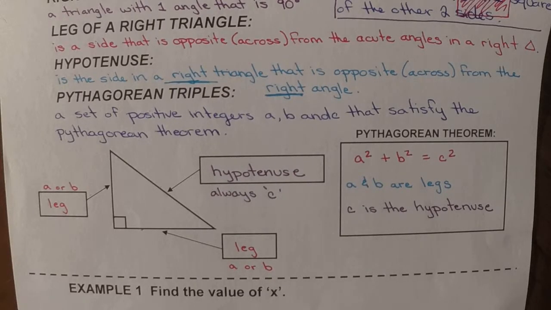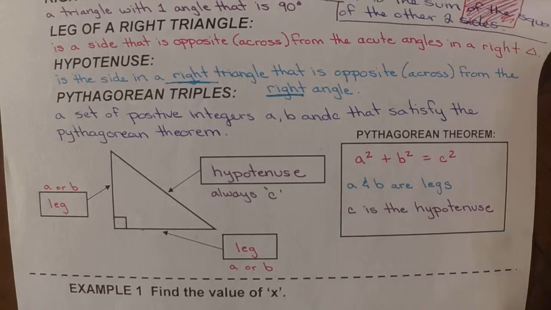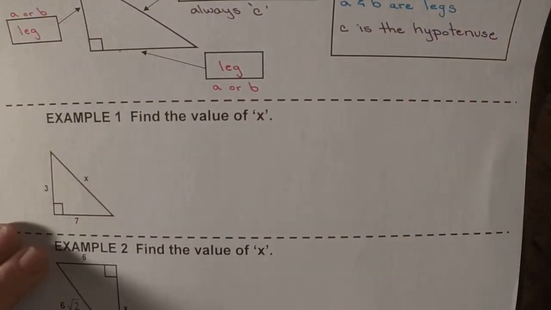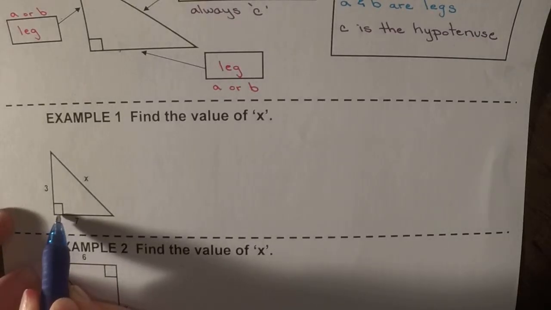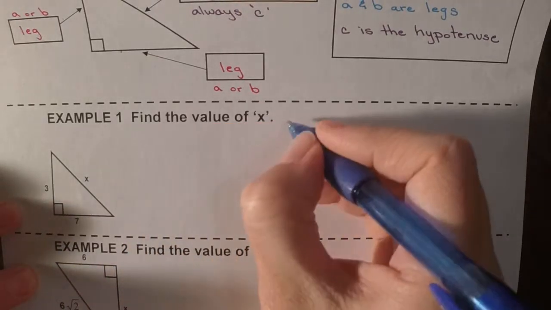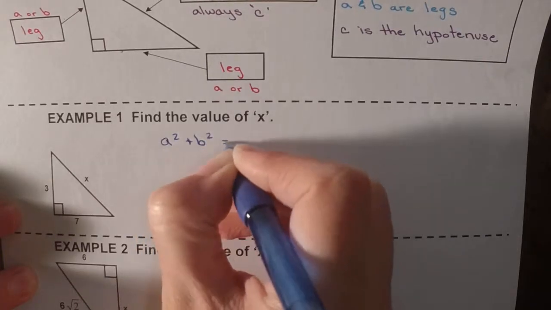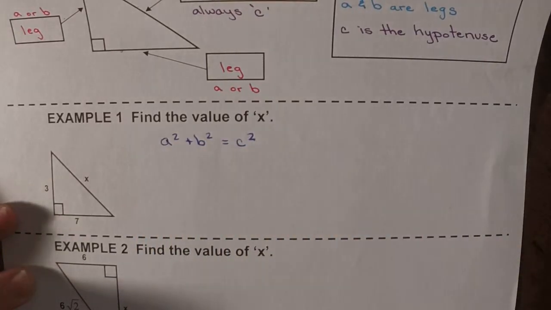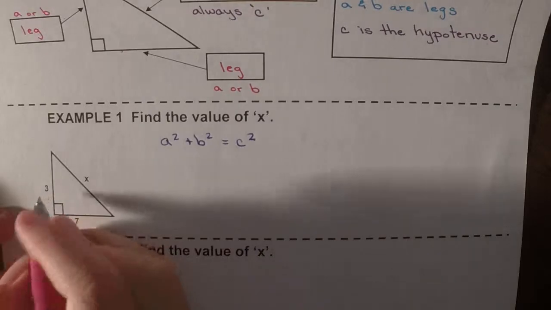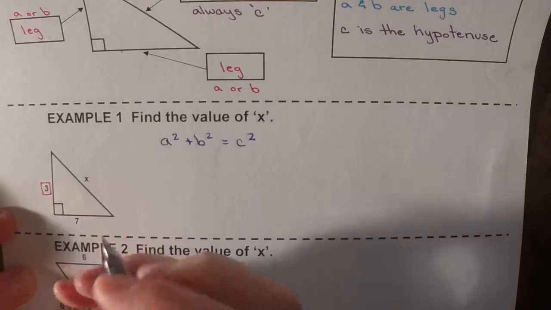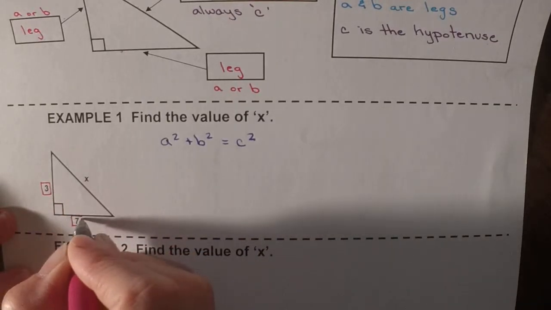So let's look at example 1 and see if we can set this up. For example 1, this is a right triangle, so we know we can use the Pythagorean theorem. So again, it would be a squared plus b squared equals c squared. So I'm going to use those same colors. This would be a leg, and this would be a leg.